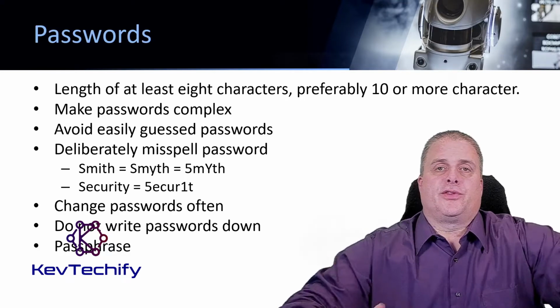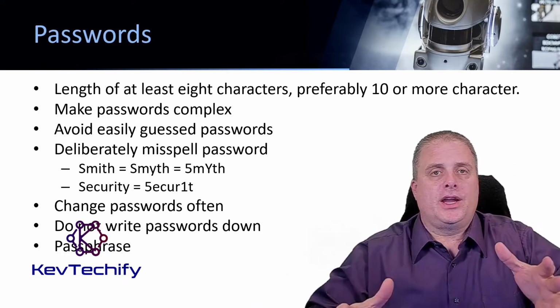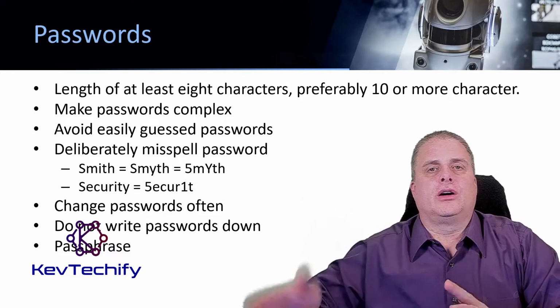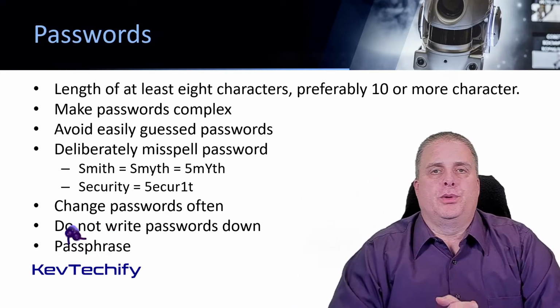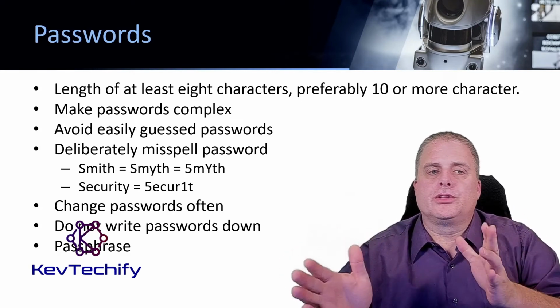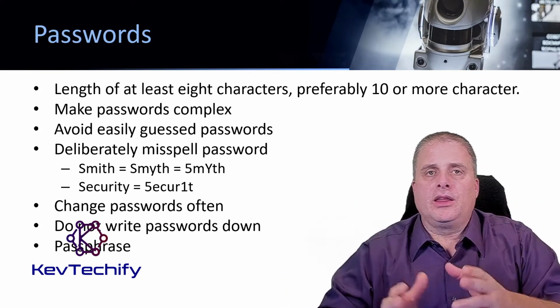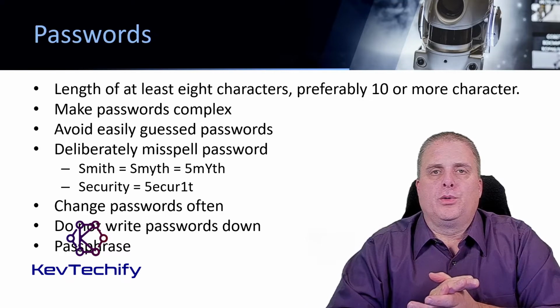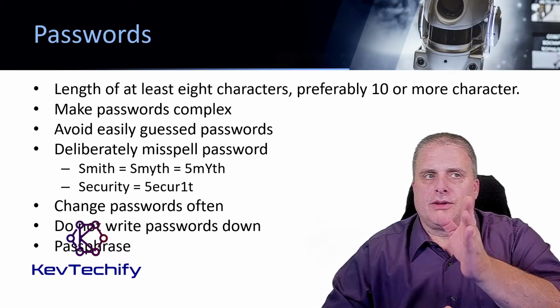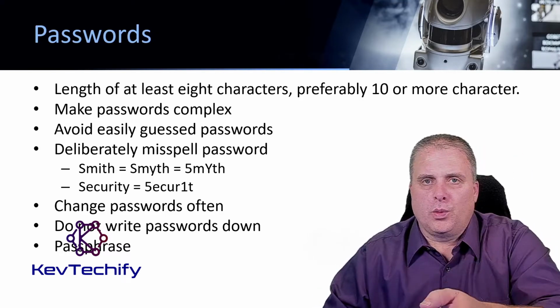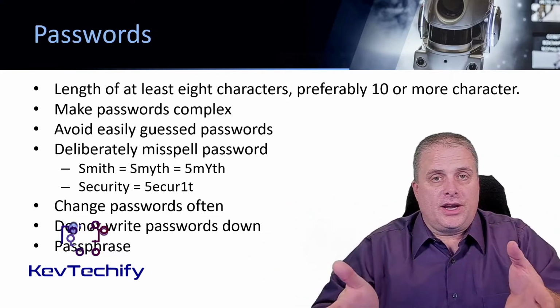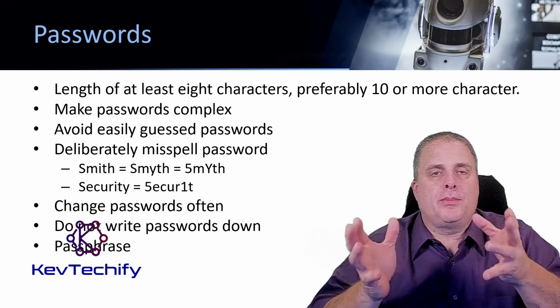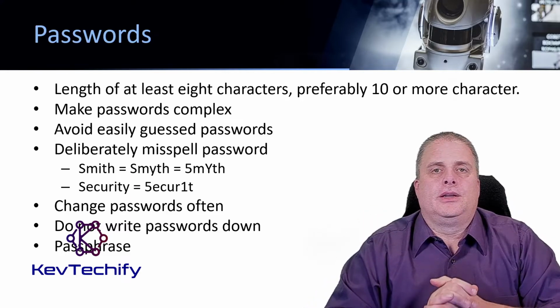Another way to use a passphrase is take a phrase and then use the first letter of every word. Let's take the phrase, "May the force be with you." Now, it's probably a little too short to get your length, but if you take the first letter of every word, M, T, F, B, W, Y, may the force be with you, that would be a password that's really hard to guess.